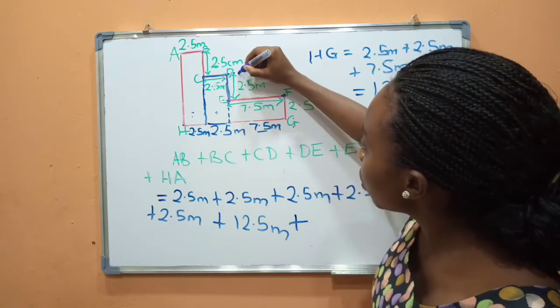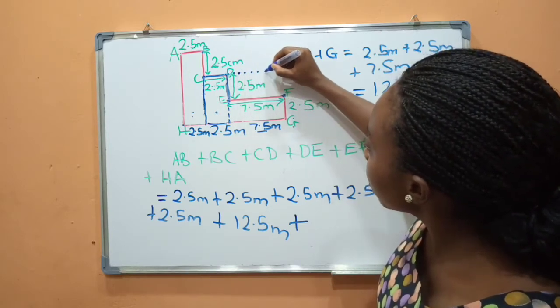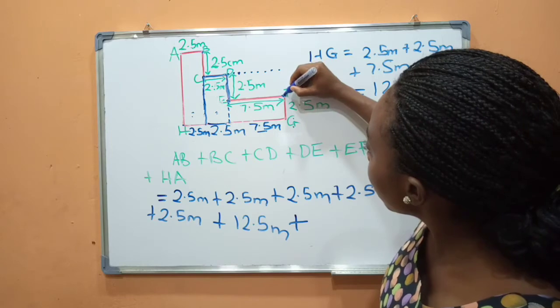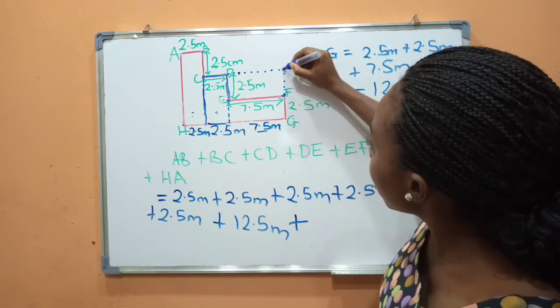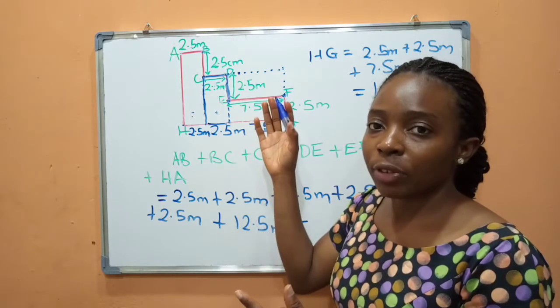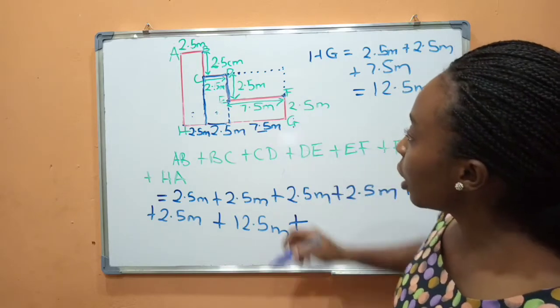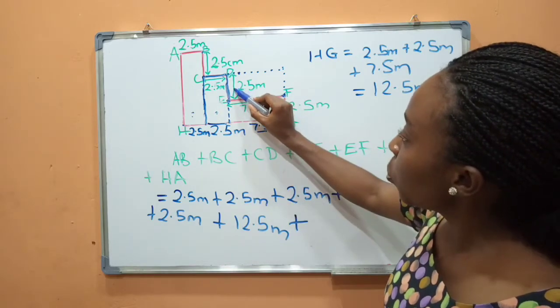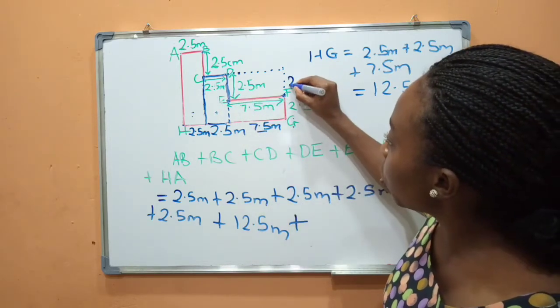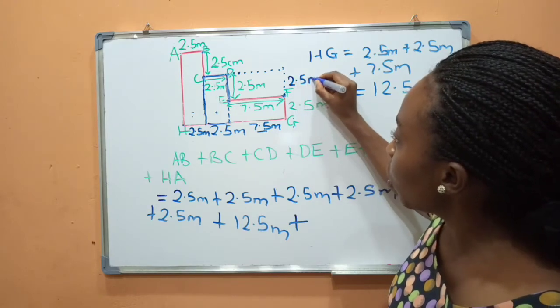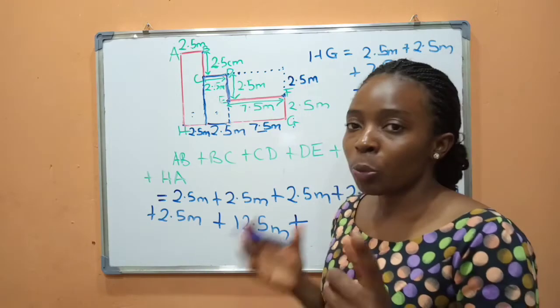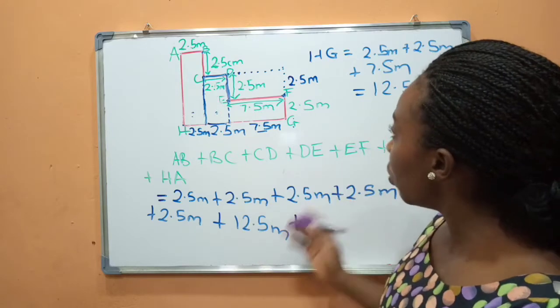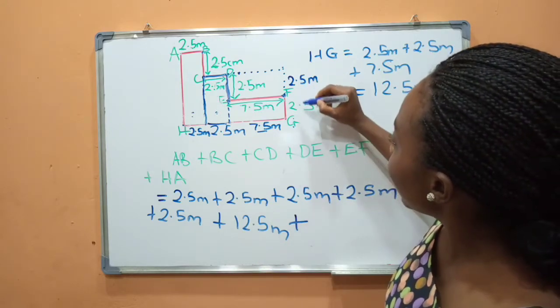Let's put a dot, dot, dot, dot, dot. You observe we now have a regular shape, which is what? A rectangle. So if here is 2.5, that means here is going to be 2.5 meters too. Okay, remember opposite sides of a rectangle are equal, so we've been able to get this length.